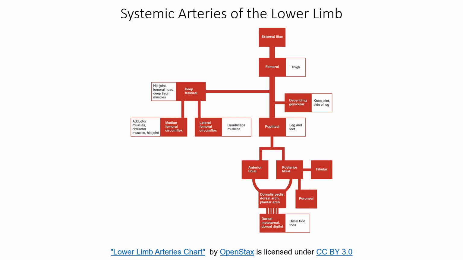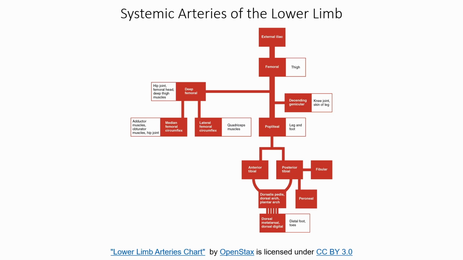The descending genicular will service the knee. The deep femoral will be for the hip joint, the femoral head, and then the deep thigh muscles. And then from the deep femoral, we have the medial and lateral femoral circumflex, which again, it's circumflex, it's wrapping around the femur. And this is going to serve some of those muscles we find in the inner thigh and the quadriceps.